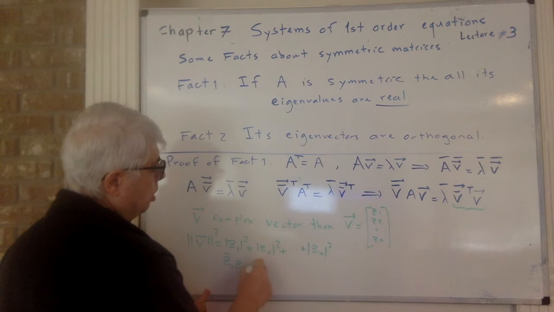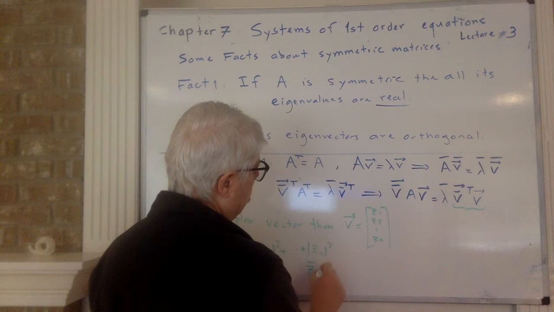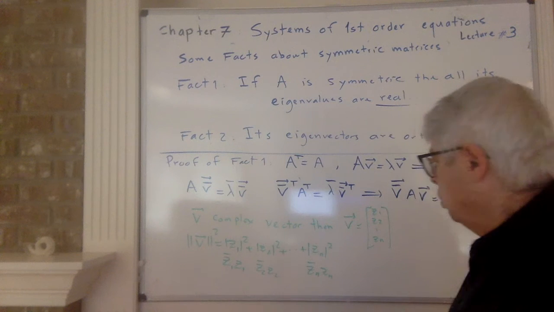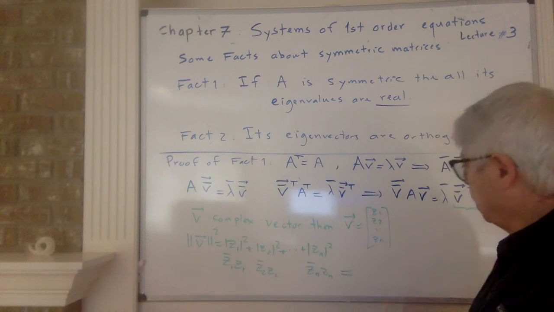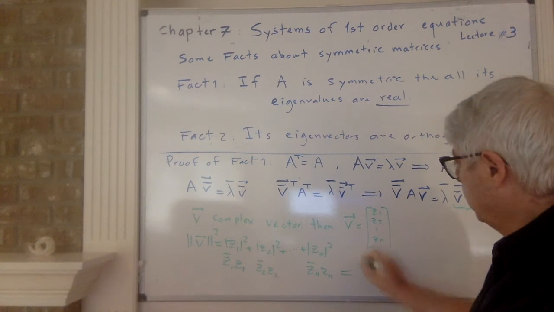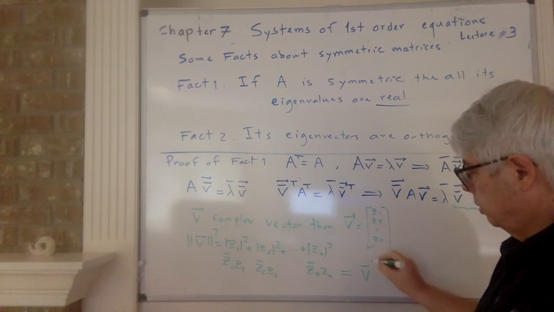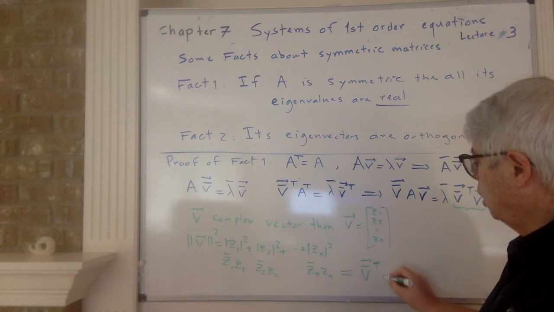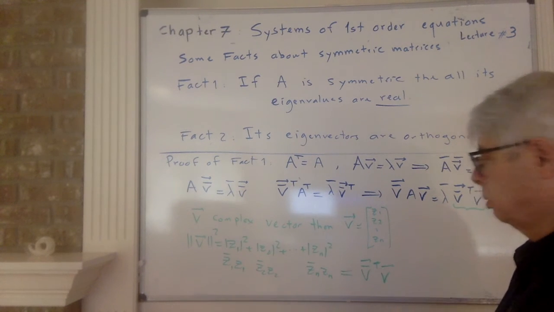This is Z2 bar Z2, and so on, Zn bar Zn. But this is in fact this thing, V bar transpose times V as vectors.